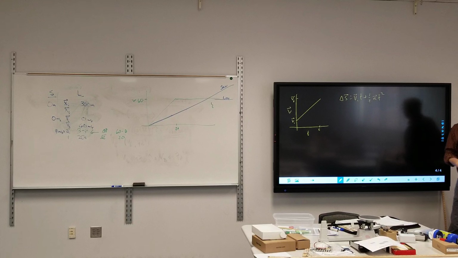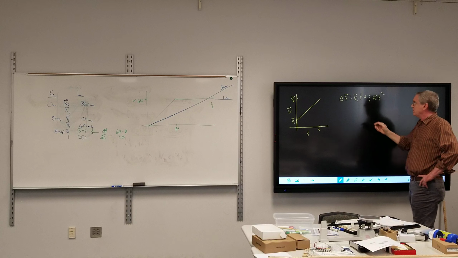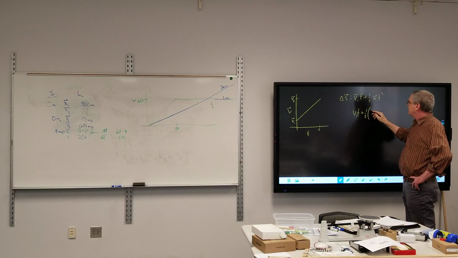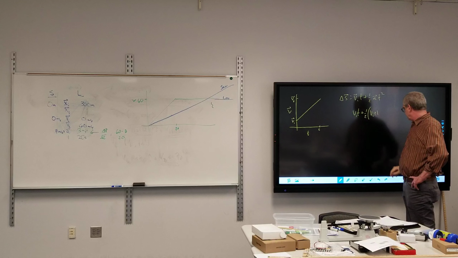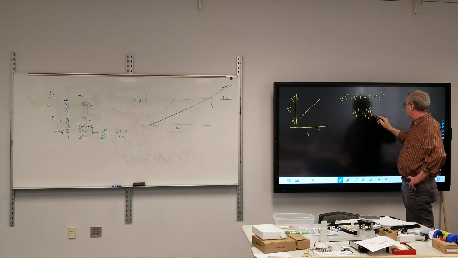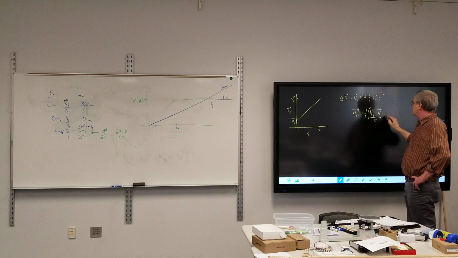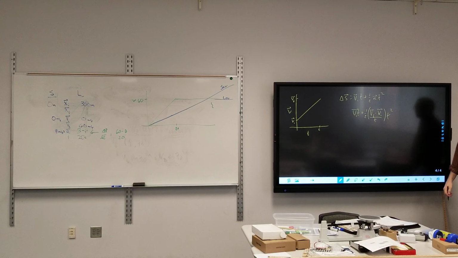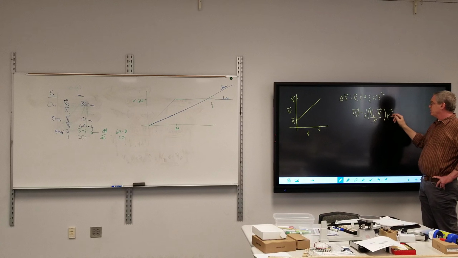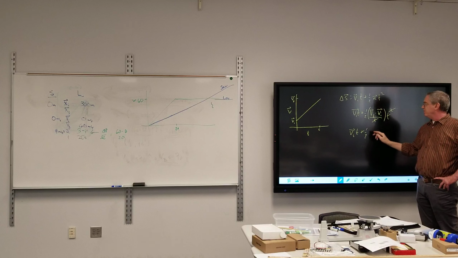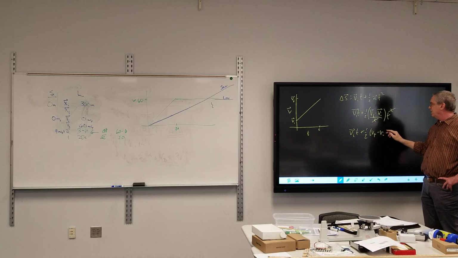I know acceleration is change in velocity over change in time, so this becomes VIT plus 1/2 (VF minus VI) over T times T squared. So acceleration times time squared. That time's going to cancel out with one of those, so I'm left with VIT plus 1/2 (VF minus VI) times T.